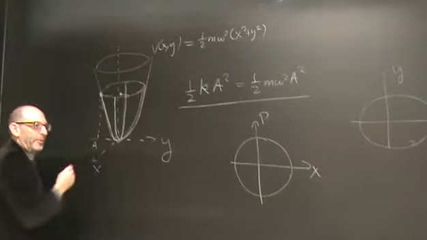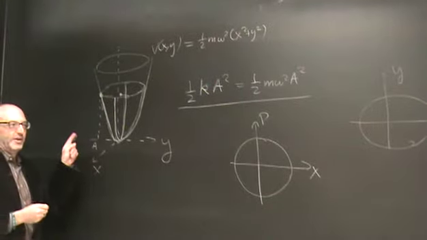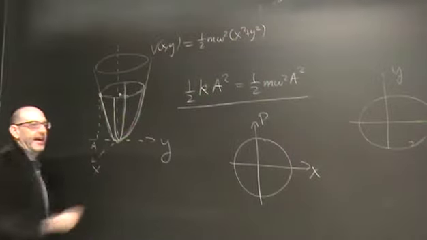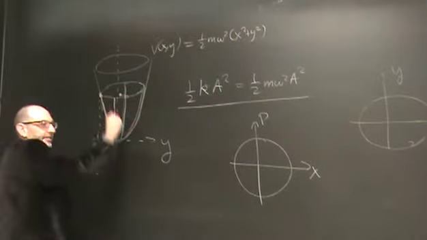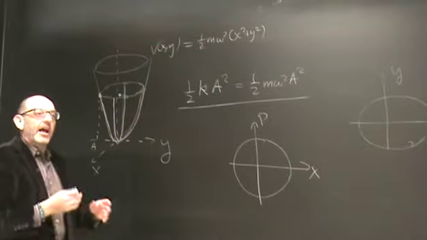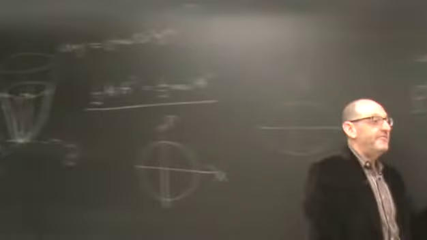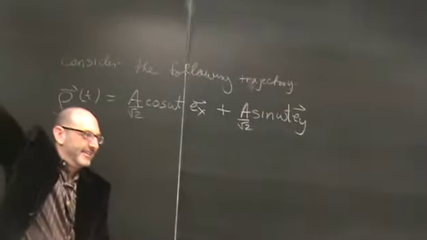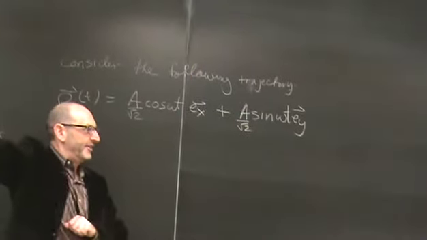So it's a superposition of two motions. One motion along the y-axis, one motion along the x-axis, with half the energy in this and half the energy in that. And 90 degrees out of phase with one another, right? So they're going like this. And so the thing moves in a circle.